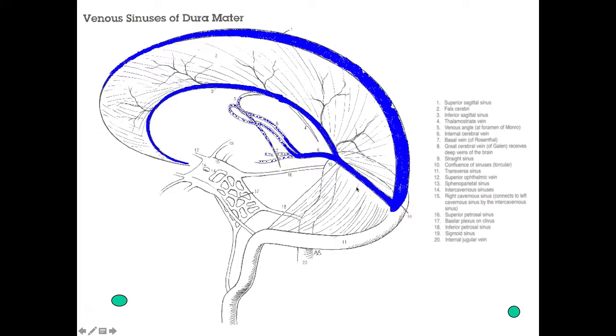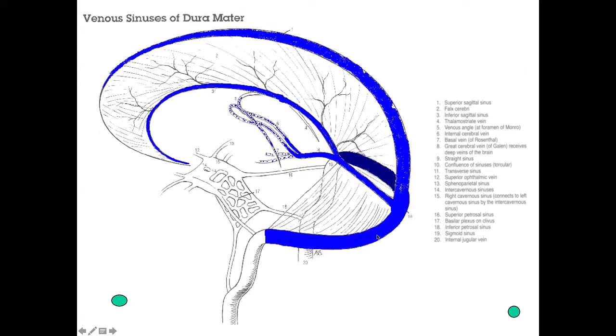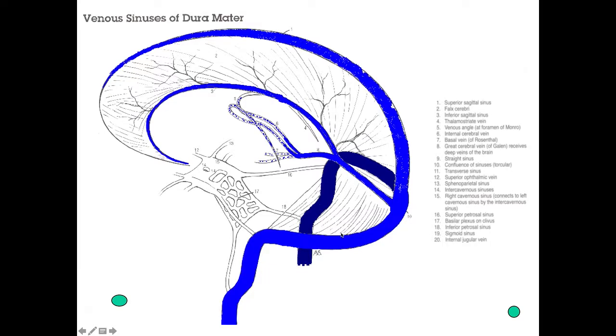Then we have this straight sinus that's helping to connect the two regions and feed into this transverse sinus, as they call it here. That ultimately feeds down to the sigmoid sinus and ultimately into the inferior vena cava.